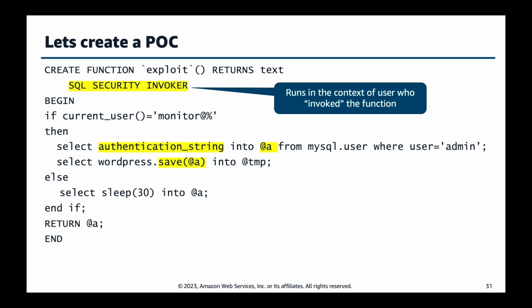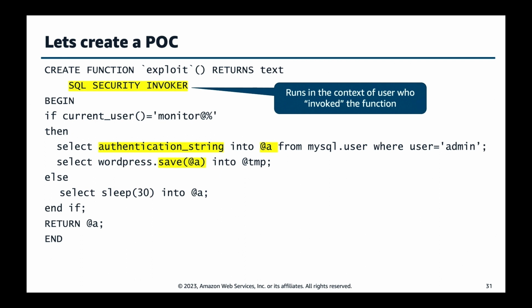Right? So now, the databases also have this modifier called invoker or definer. If you specify that the SQL security is invoker, that means that the privileges of the user who runs it apply.